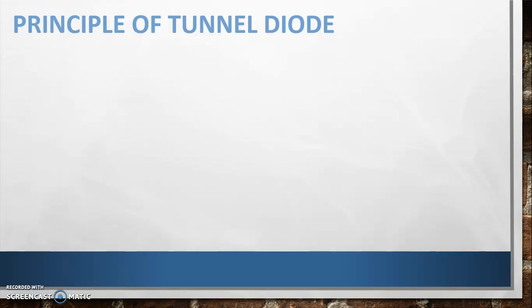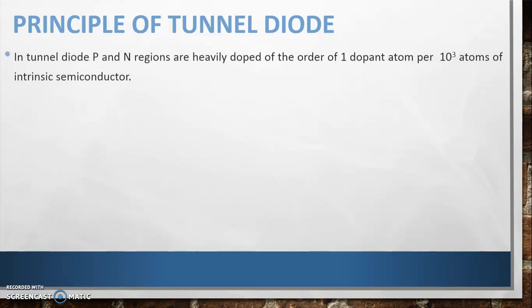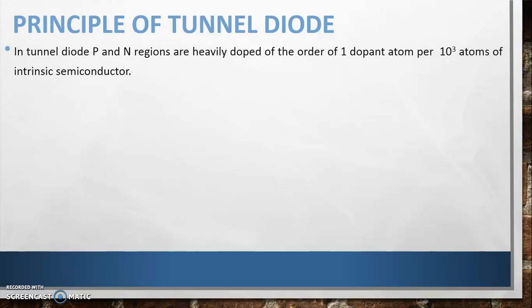Now we'll see the principle of the tunnel diode. In the tunnel diode, the P and N regions are heavily doped, of the order of 1 dopant atom per 10 raised to 3 atoms of intrinsic semiconductor. See the change here: 1 dopant atom per 10 raised to 3 atoms, while in a normal diode there is 1 dopant atom per 10 raised to 8 atoms.